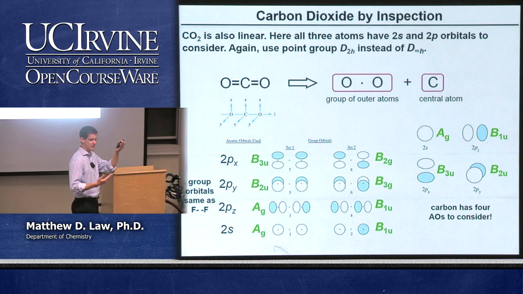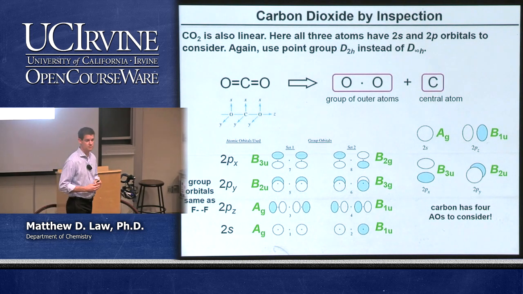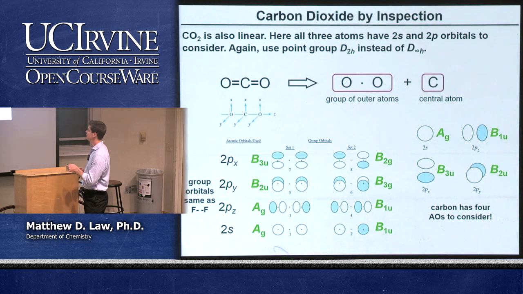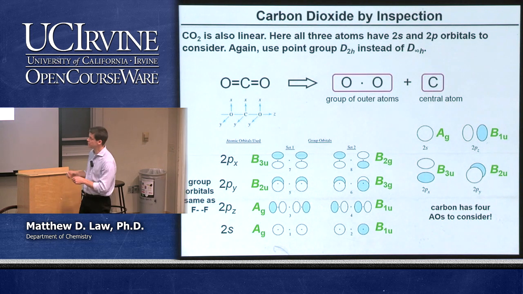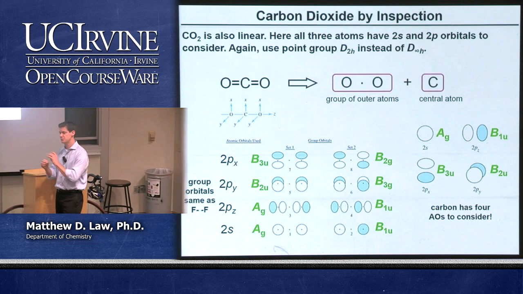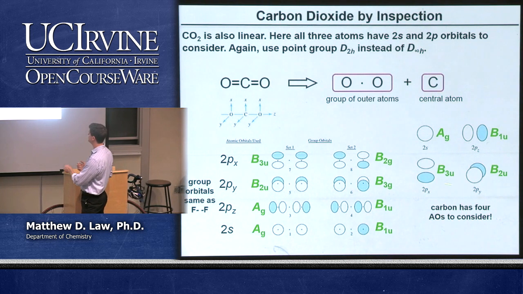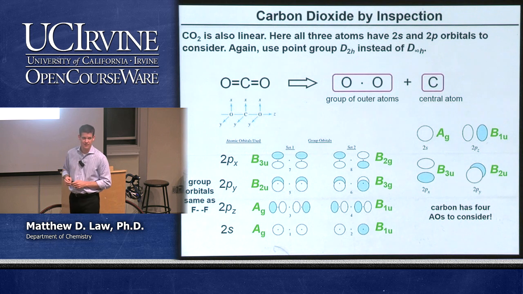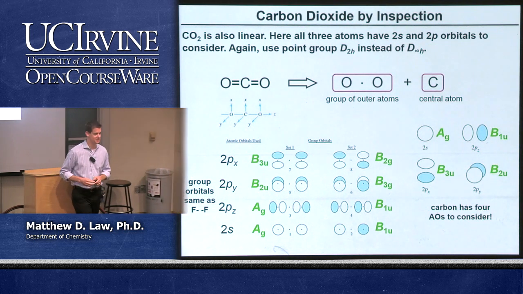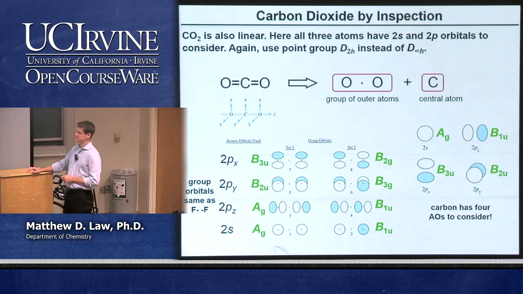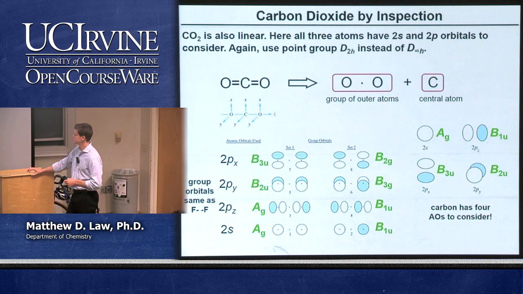And then you can just look for the x, y, and z functions in the character table. And that gives you the px, py, and pz. Or you can go through the whole procedure of looking at all the individual symmetry operations and convincing yourself that this should be B1u, B2u, and B3u. I find it easier just to look at the character table and pull off x, y, and z. That only works when the atom is at the center of the molecule, for the most part.